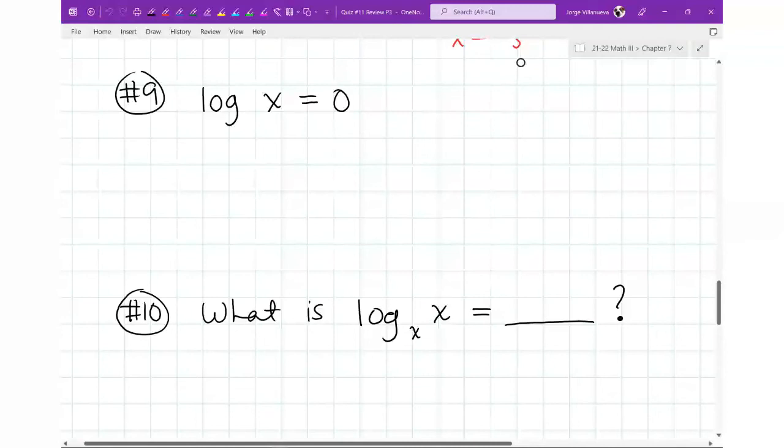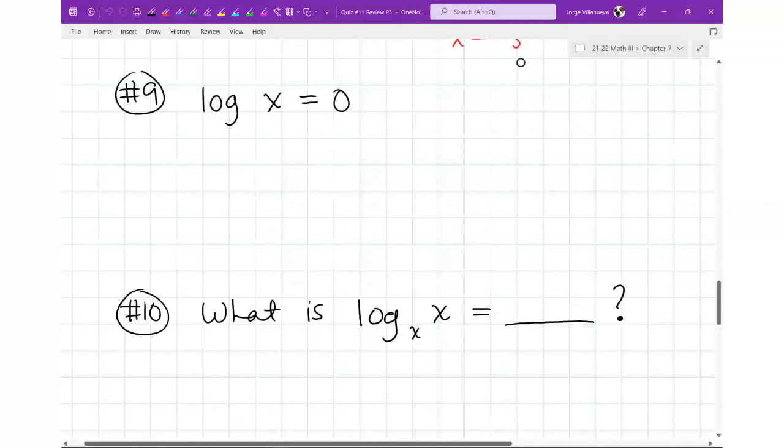Number 9. Now, I didn't mess up, just so you know. Log of x equals 0. What's missing? The base. But if it's missing, what number is it? A 10. It's a 10, right?